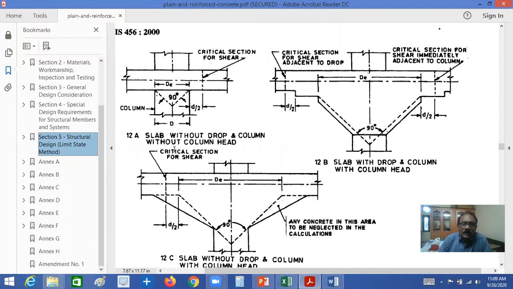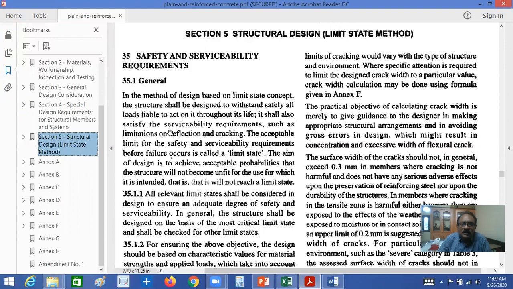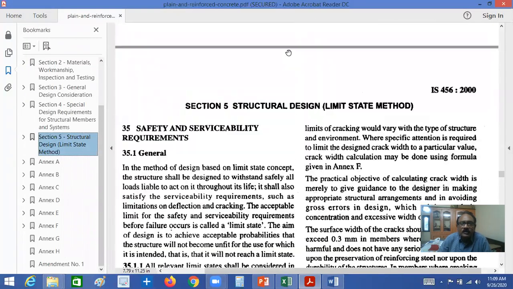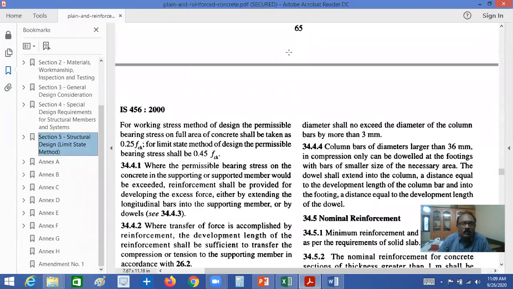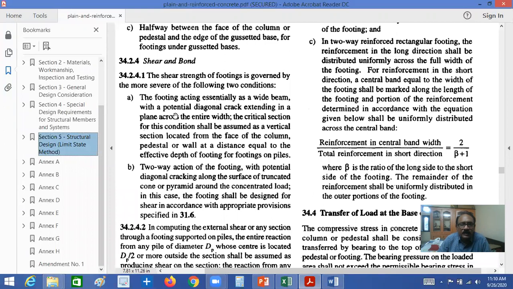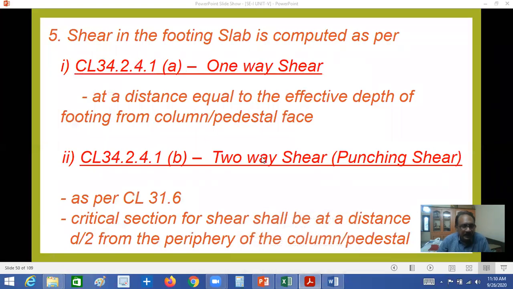So coming to our structural method, we have clause 34.2, one-way shear and two-way shear. These are very important. Now I want to explain once again the importance of one-way shear and two-way shear.